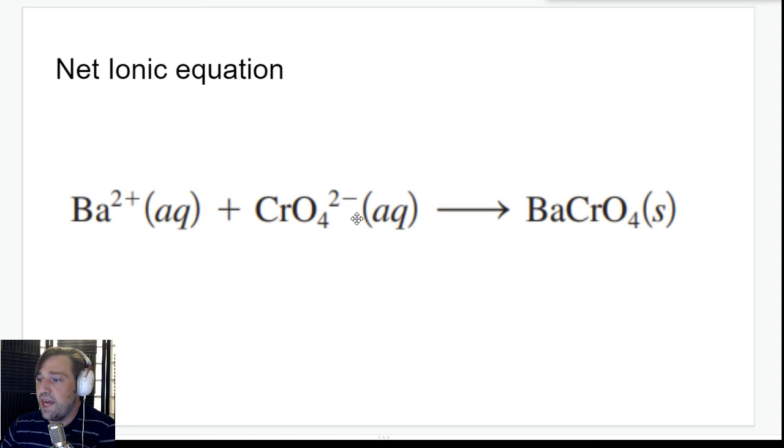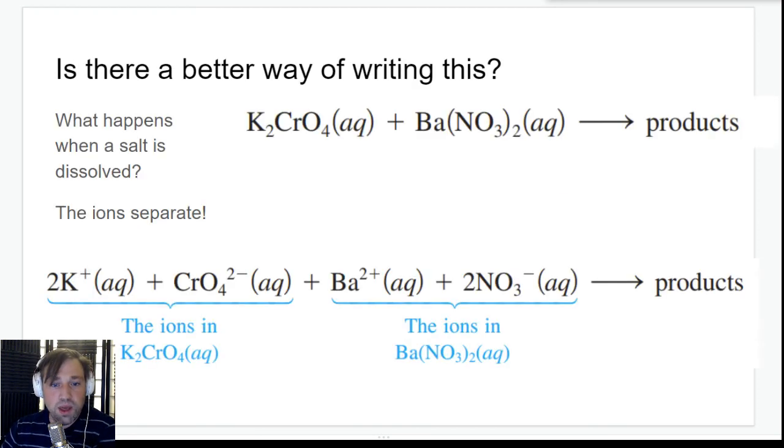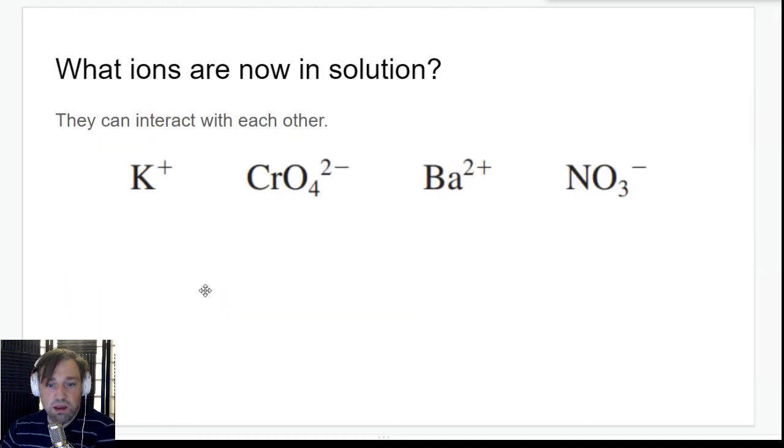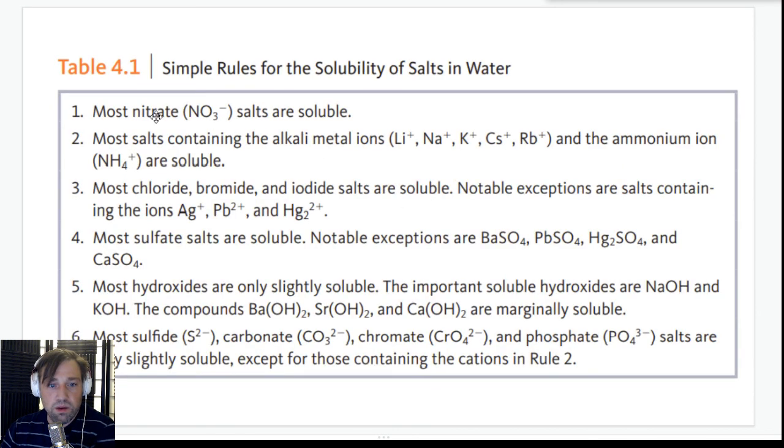All right, guys, that is the idea behind net ionic equations. The process you're going to want to go through is write things out as their ions. Don't write them out as the aqueous. Write them out as the ions. Then look at your different ions and pair them up. If you see any pair with a nitrate or group 1 or ammonia, it's soluble, so you can just say that's still going to be aqueous.